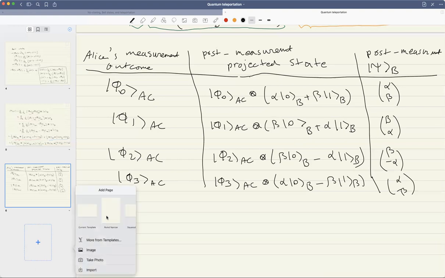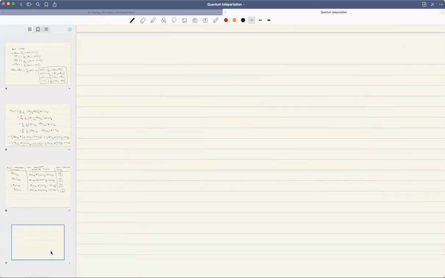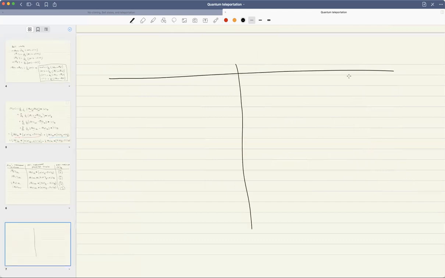So how are we going to proceed? Well, let's make another table. So now let's say Alice's phone call either says phi 0, phi 1, phi 2, phi 3.